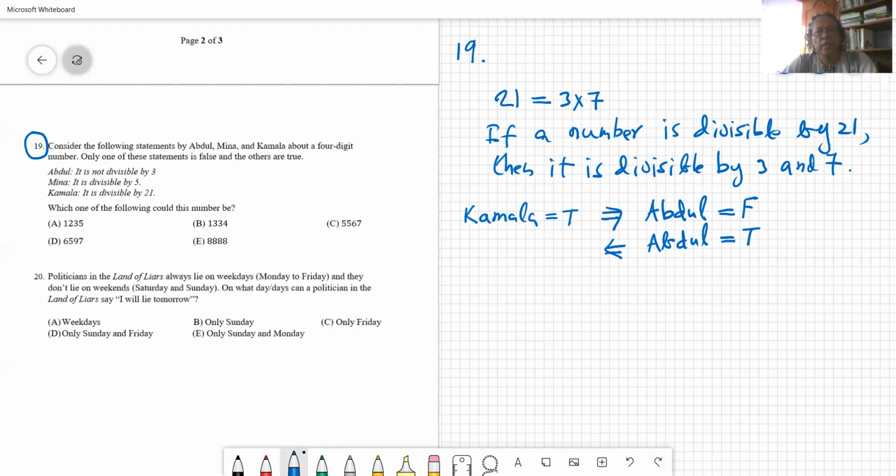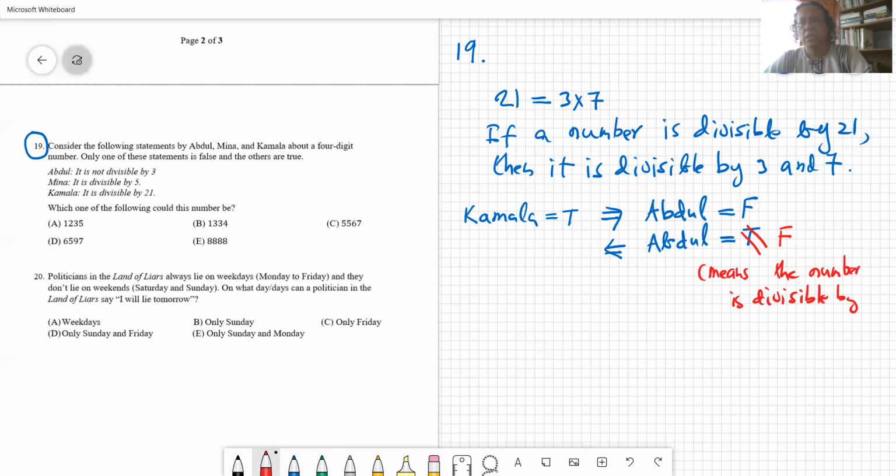Now, when Abdul's statement is false, that means the number is divisible by 3.